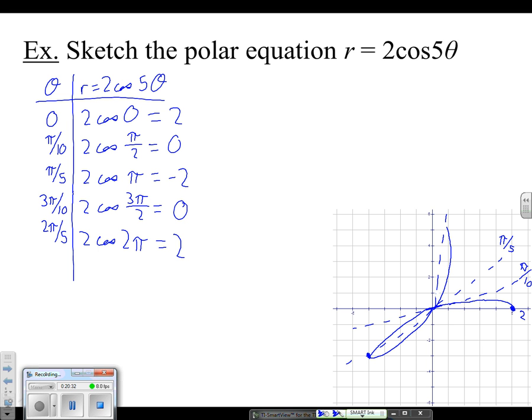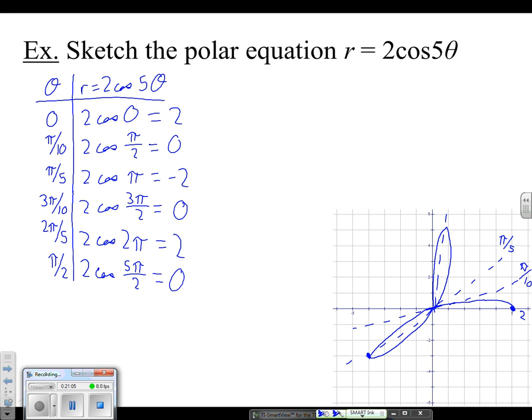If you want, you can continue your t-chart. So how about, let's see, the next one would be, actually, I think it would be pi over 2, wouldn't it? If I want 2 cosine of 5 pi over 2, the angle would be pi over 2, and the radius would be 0. So by the time the angle comes to pi over 2, my radius is back down to 0.